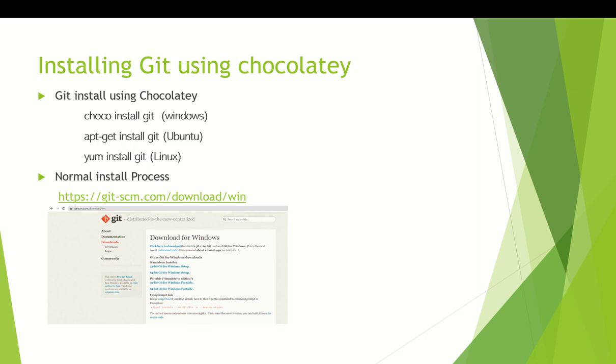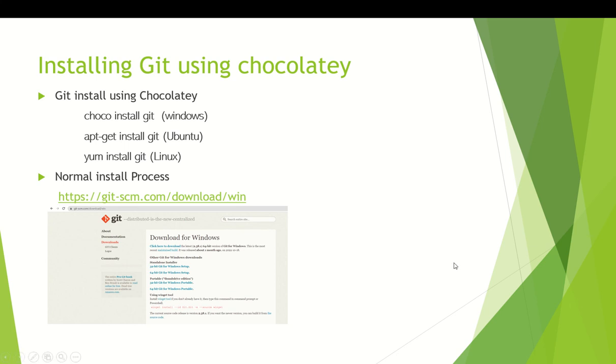If it is an Ubuntu server, you need to run apt-get install git in the terminal, and it will get installed. We will work on all these in upcoming videos. If it is a Linux server, you will use the command yum install git.